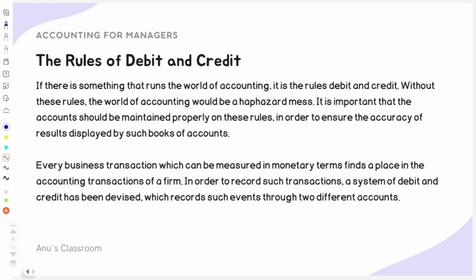It is very important; the lifeline of accounting is these rules of debits and credits. They are the gravity, the base point, the building blocks of the entire accounting from the bottom up. If there were no rules, it would be a haphazard mess, because anybody would write things down in any way.